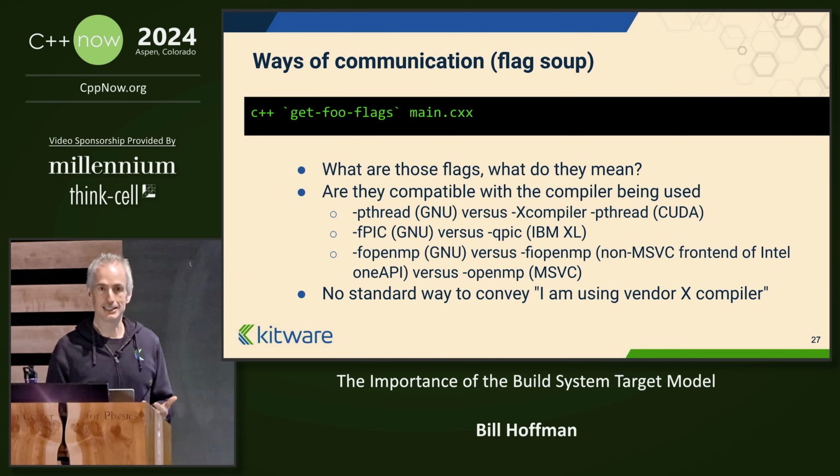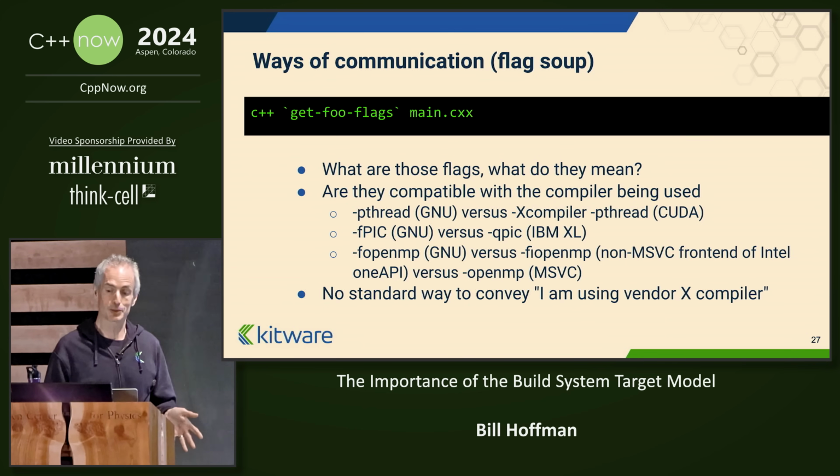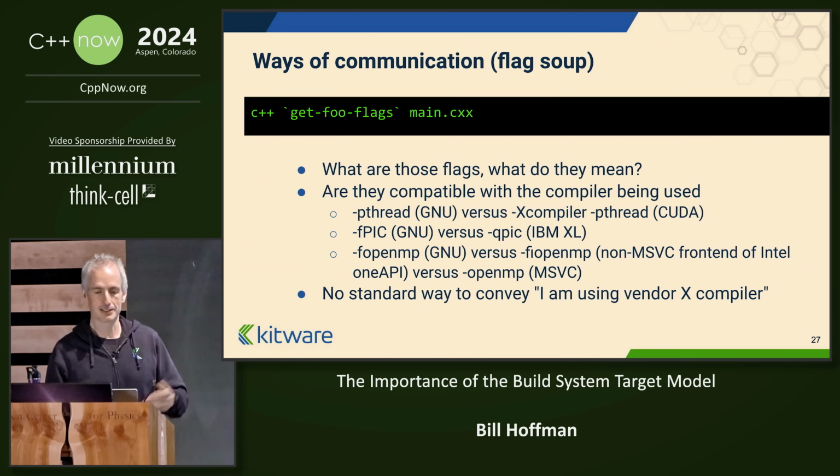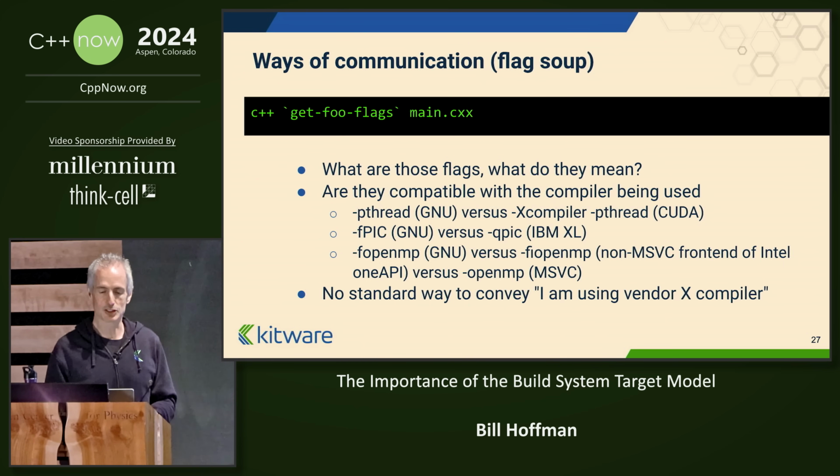And oftentimes these tools would spit out flags that are GNU-based, right? So they work with the GNU compiler. But there's a few examples here, -pthread for GNU versus -Xcompiler -pthread for CUDA, -fopenmp versus -qopenmp, different ways to specify OpenMP. There's no real standard way in these tools to specify I'm using vendor X's compiler.